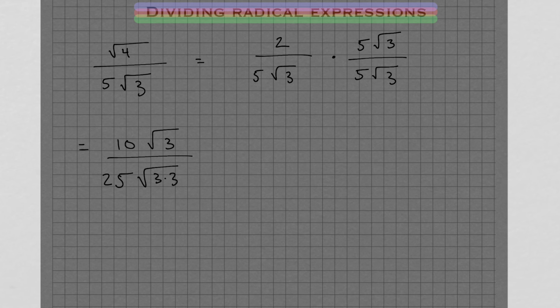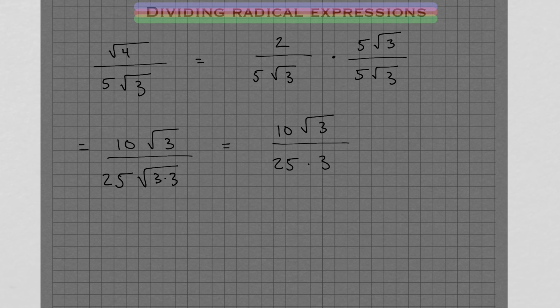Combining everything together, 5 times 5 gives us 25, root 3 times root 3. Here we have root 3 times 3. What that allows us to do is rewrite it again: 10 times the square root of 3 divided by 25 times 3. Simply, 3 times 3 is a square underneath the square root sign, which cancels it out, essentially bringing that 3 out from underneath that root sign.